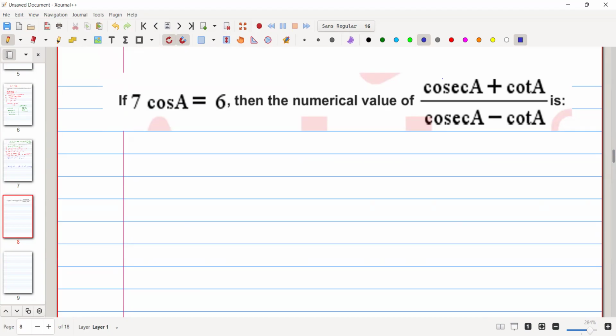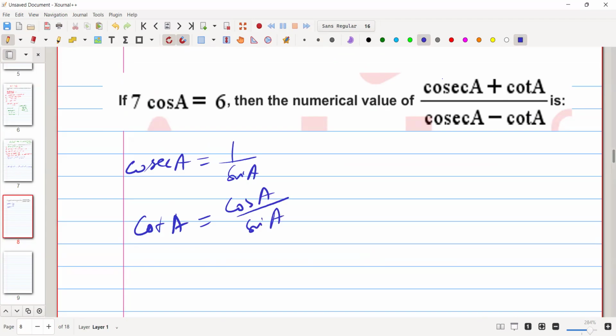And for that, you know that cosec A is equals to 1 by sin A, and cot A is equals to cos A by sin A, and we are only given the value of cos A. The value of cos A is what?